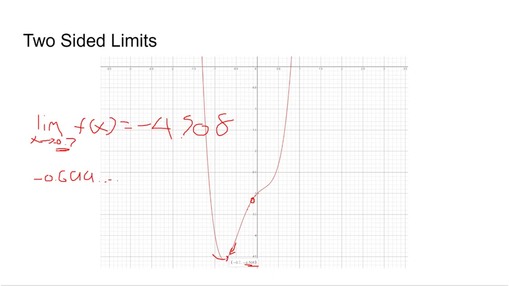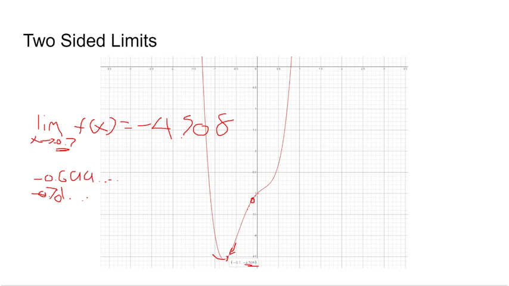And then you would also plug in numbers increasingly getting close to it in another way, from the opposite direction, which would be negative 0.71, negative 0.701, and so on.